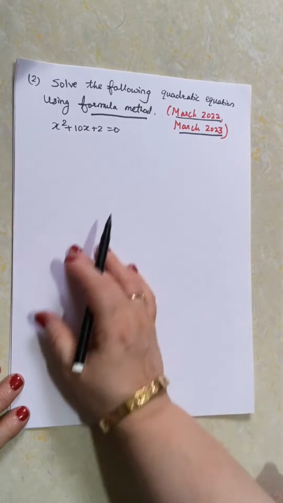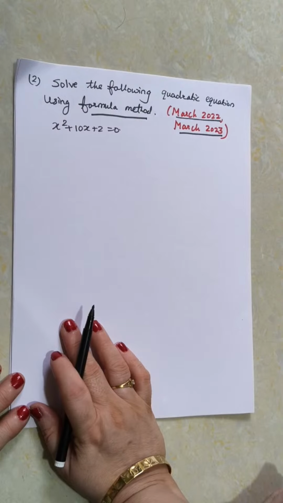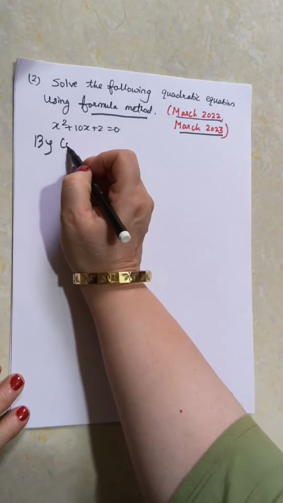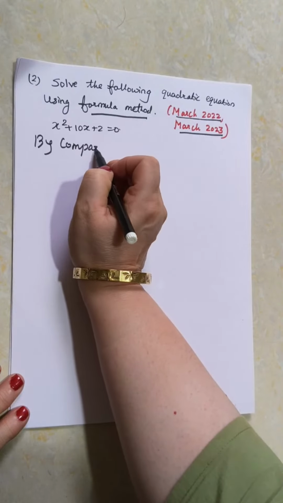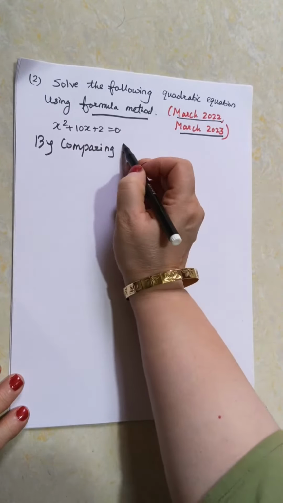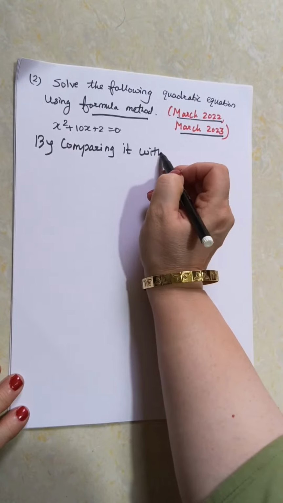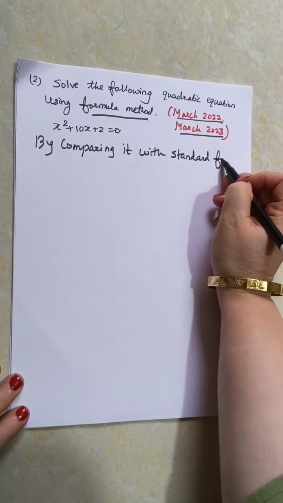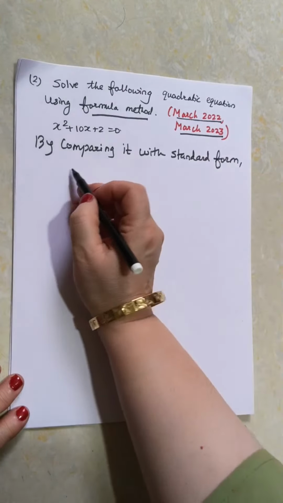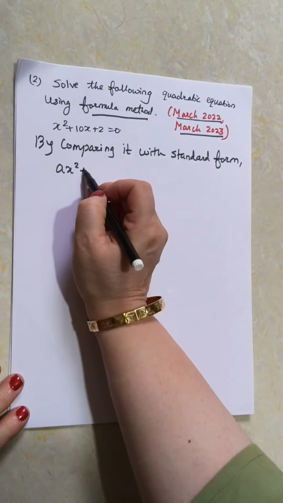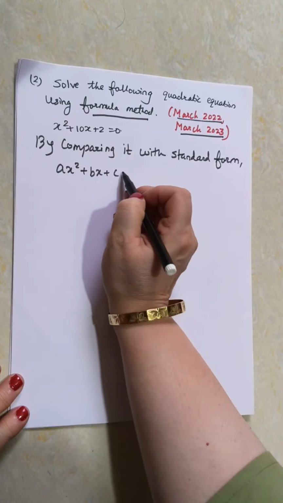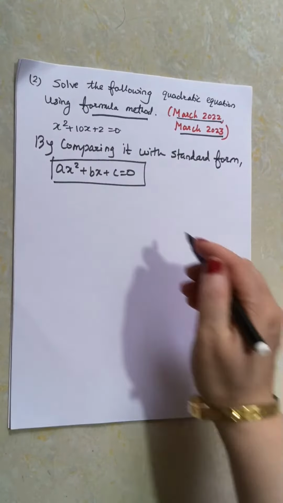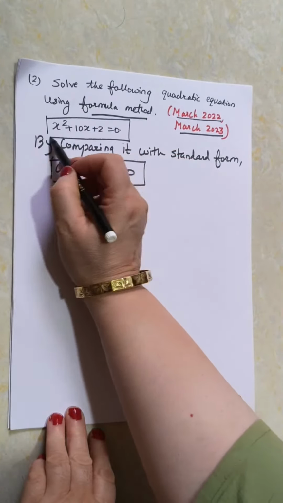Now this quadratic equation, let us compare it with the standard form. So what is the standard form? Ax square plus bx plus c is equal to 0. So this is our standard form and this is our quadratic equation.